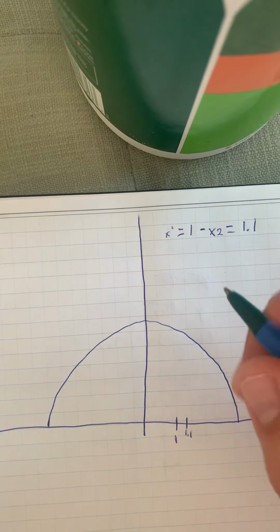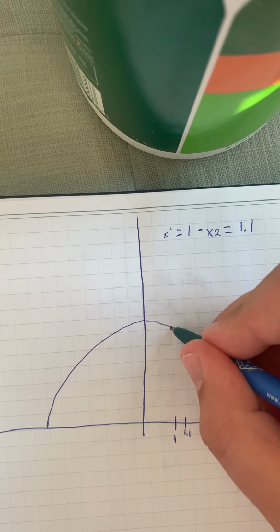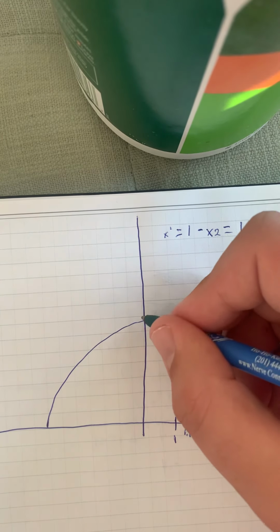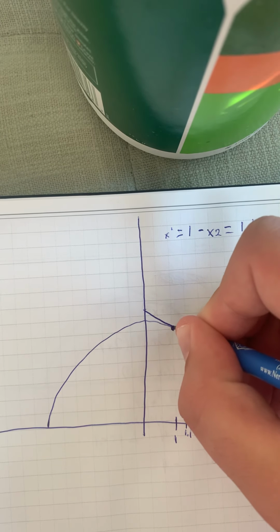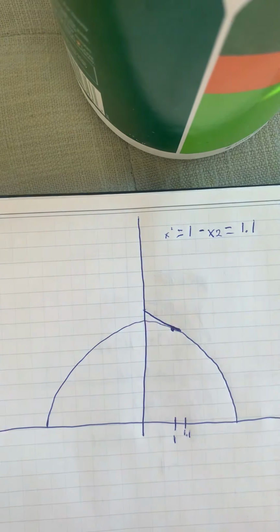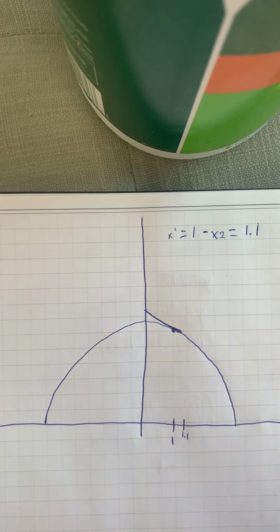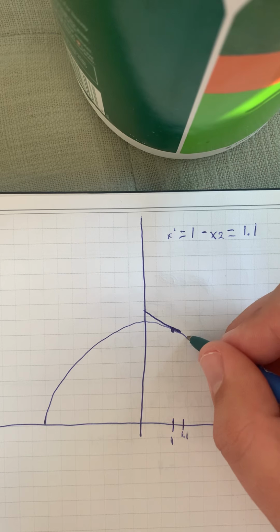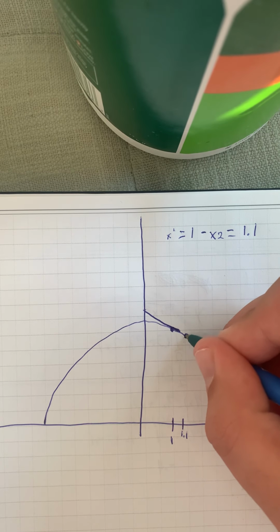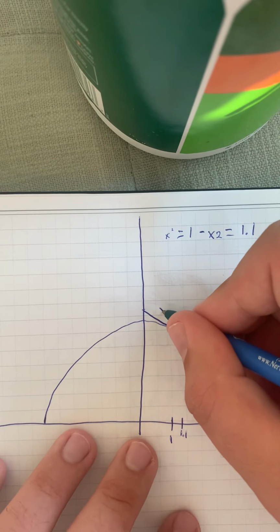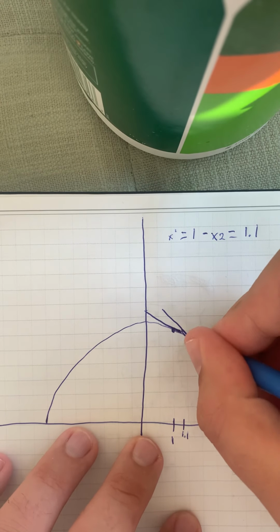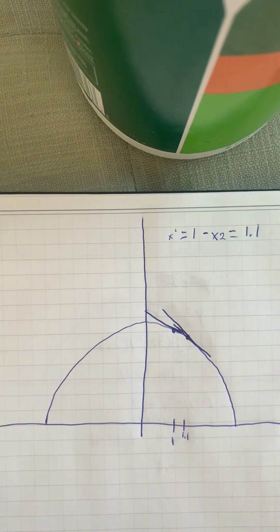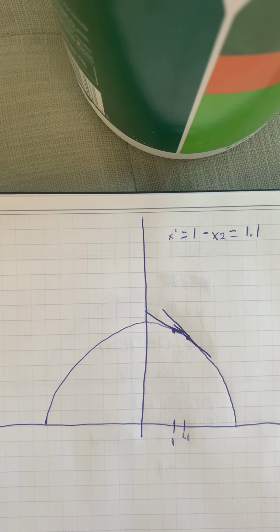So what this shows graphically is this would be our tangent, or our slope at 1, our slope of the tangent line. And this would be our slope at 1.1.